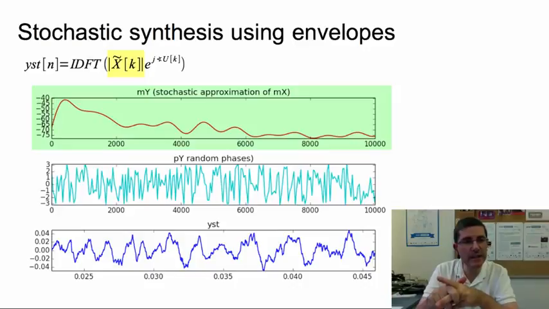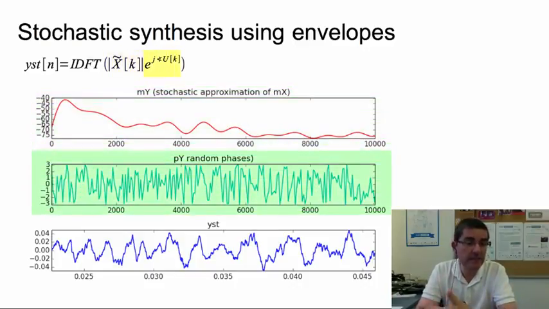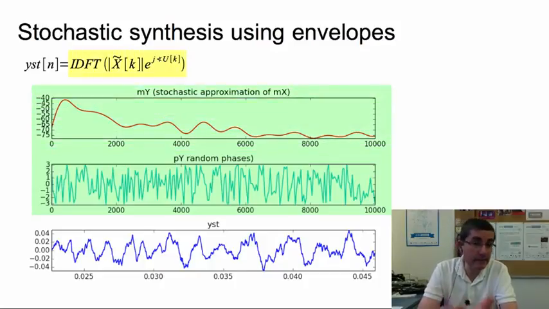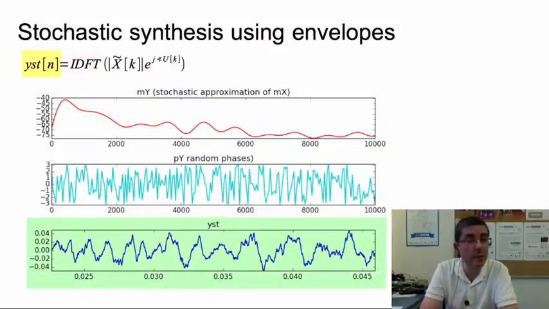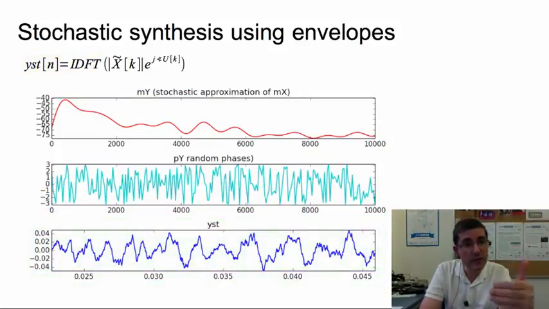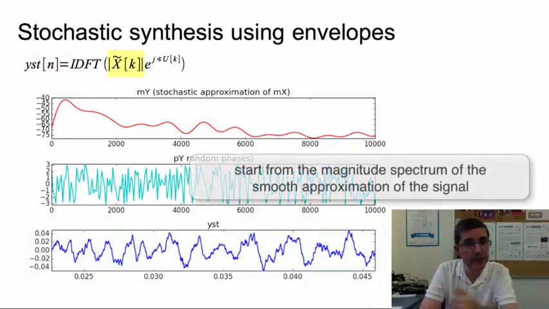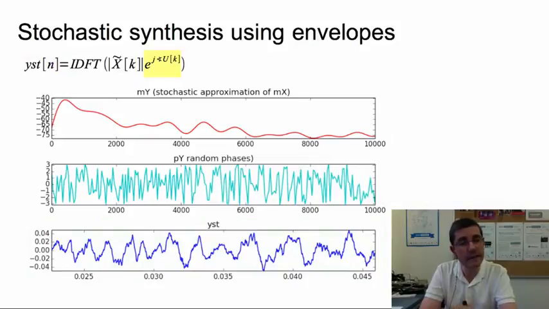Then we take random phases, the phases of white noise, and take the inverse DFT, which is basically a filtering operation of white noise. So we start from the smooth approximation of the signal and the random phases, then take the inverse DFT, and this will be the method that we use in our examples.